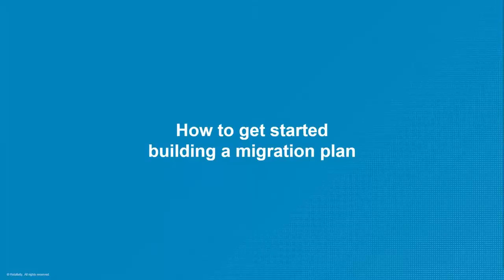Finally, this is some information that will be included with this presentation: how to get started building a migration plan. This is something that we can and will go into in more detail on an individual, as-needed basis. So if you're interested in this part of data analytics and project planning, contact your Relativity customer success manager, and they can connect you with the right people to build out your plan.